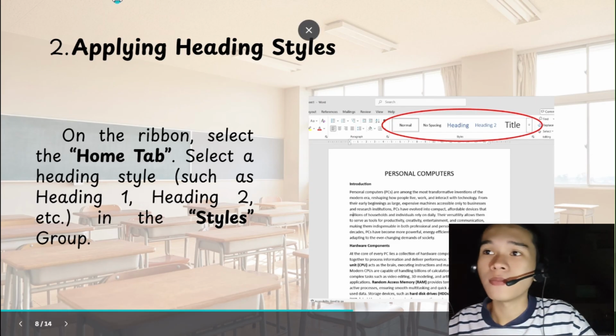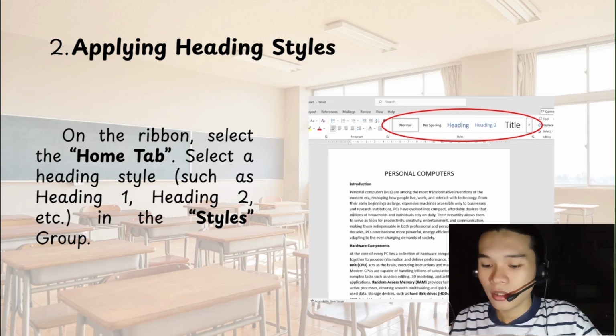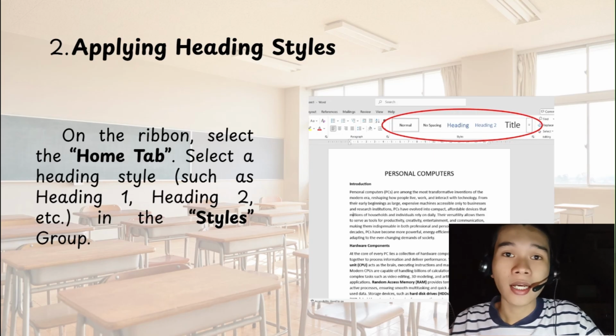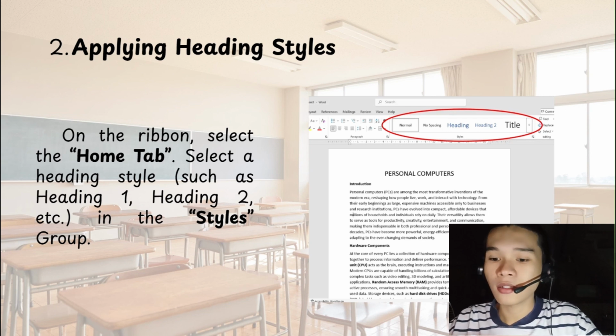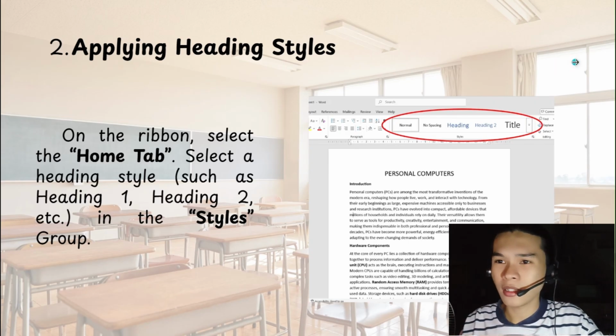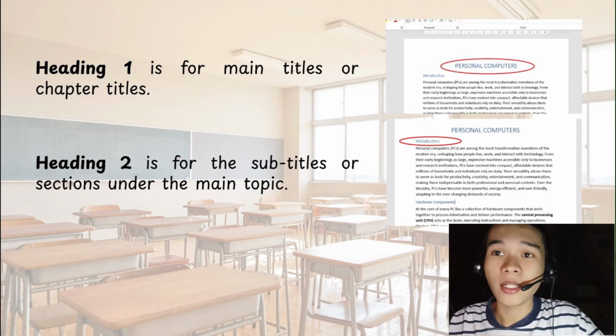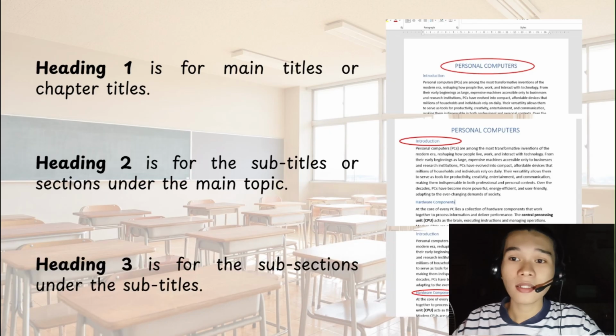If you skip this step and you already added a table of contents, no list will show up, because it doesn't have any recognition of the document's structure, like applying Heading 1 for the main titles, Heading 2 for the subtitles, and Heading 3 for the subsections under subtitles.